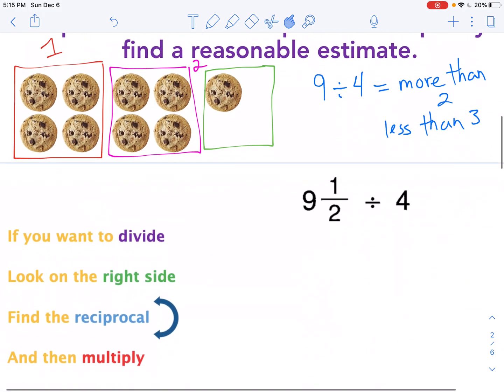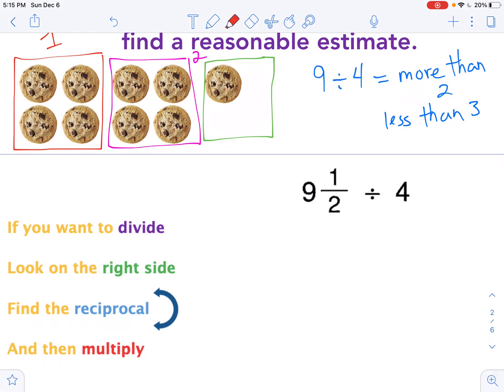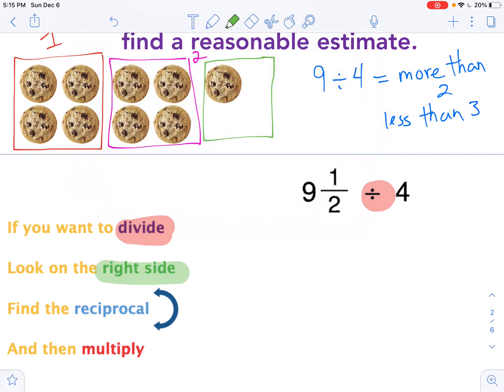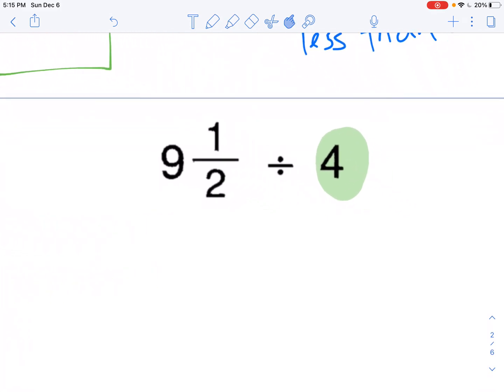All right, here we go. Here are the steps. If you want to divide, so double check, we are dividing. Now I'm going to look on the right side. So that's my number on the right. And it says find the reciprocal. That's the flip it over part. But here's the problem that we're having. 4 isn't a fraction.